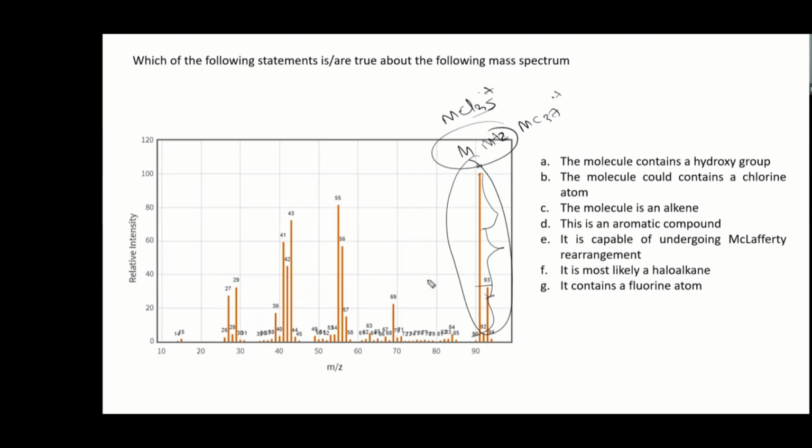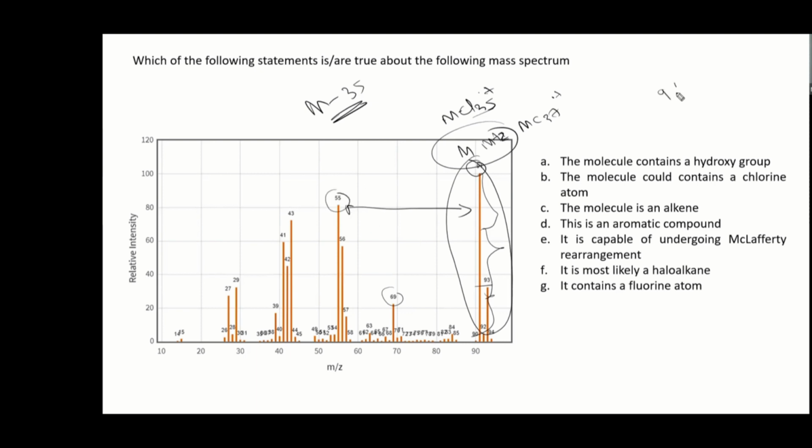So once you see a 1 to 1/3, the next thing you want to see is if there is an M minus 35 and M minus 37. That's what you should see next, and if you look at this, that's what it corresponds to. You don't always necessarily have to see the immediate peak as an M minus 35. What I'm trying to say is, let's first look at this. You have a 91, 93, and you have 55.